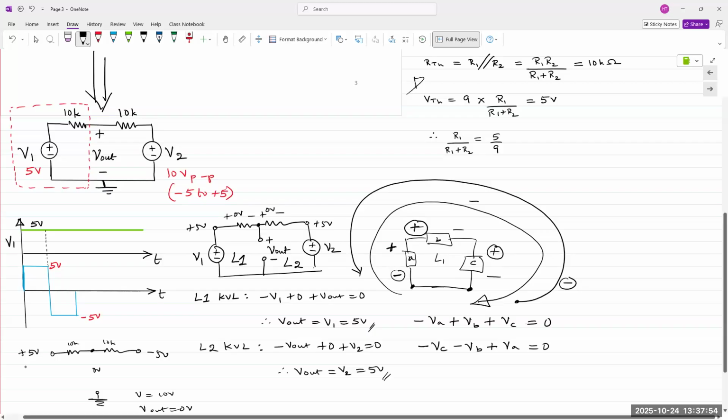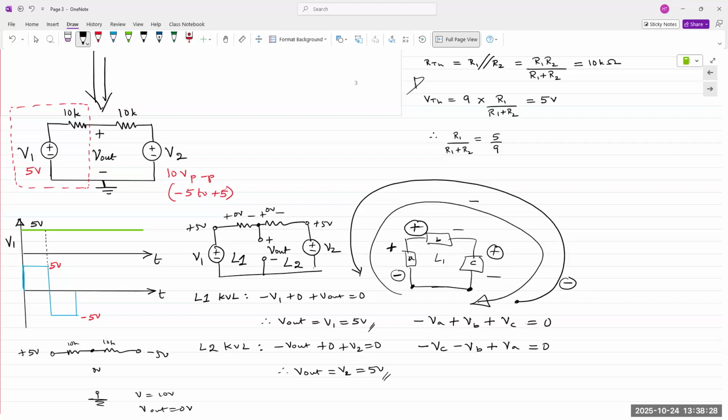It's +5 at one end, -5 at the other end, and you have two resistors of exactly equal value, so the midpoint between the two should have 0 volts. But there's current flowing through the circuit, so there's a voltage drop on both resistors, but in the middle, it's 0 volts. In the first positive half cycle, you had +5 volts at both ends, and in the middle, you had +5 volts. And so it keeps changing.